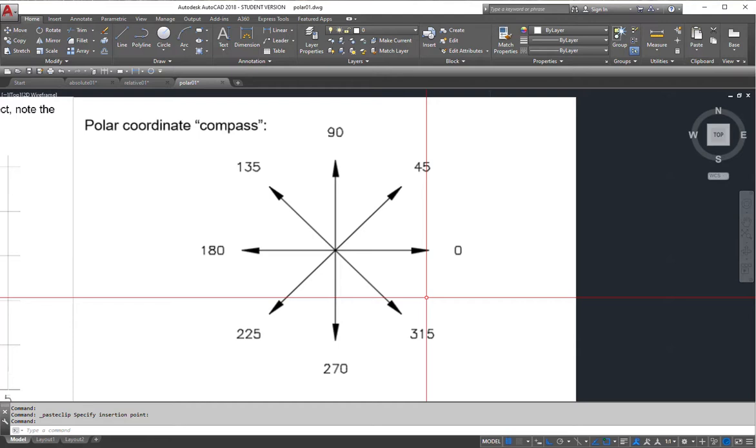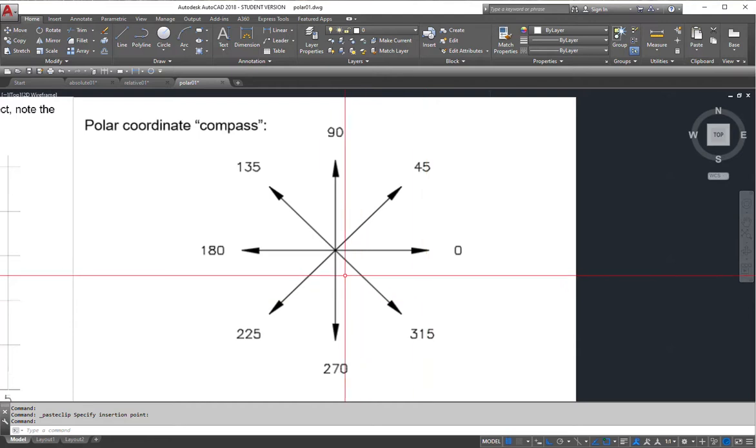On page 10-16 of your class pack, you have another compass that is more detailed and gives you increments of 30 degrees, so you can look at that as well.